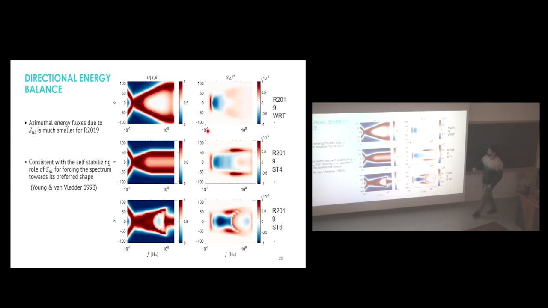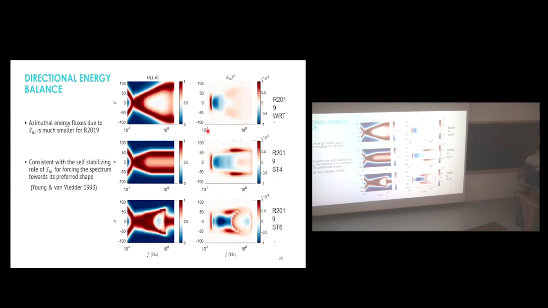So if you were to perturb this bimodality, all of a sudden the magnitude of this SNL would increase to bring it back to what it likes. And that's something that Ian Young also talked about in an earlier paper with Young and Van Vledder, and Recio has discussed some of that too.